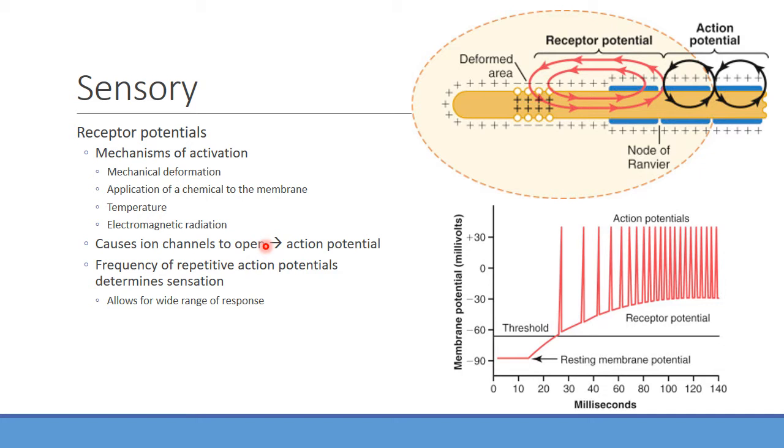That reaches the threshold to trigger the action potential, and then it gets transmitted to the brain. Also, remember what helps to reset that action potential at the end of the discharge? Yeah, remember that sodium potassium ATPase pump? That's also really important here to make sure we're getting back to our normal resting membrane potential. If you don't have that, you would never be able to get back to your baseline, and you wouldn't have any more action potentials.